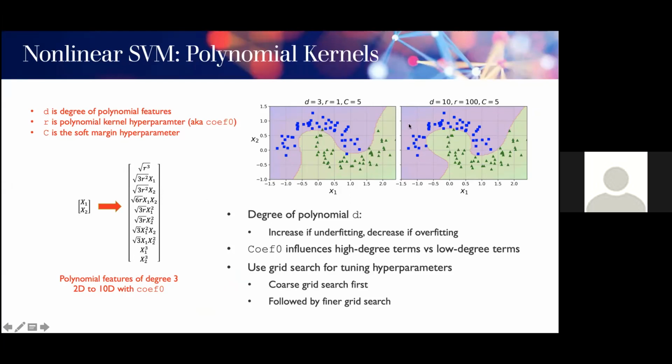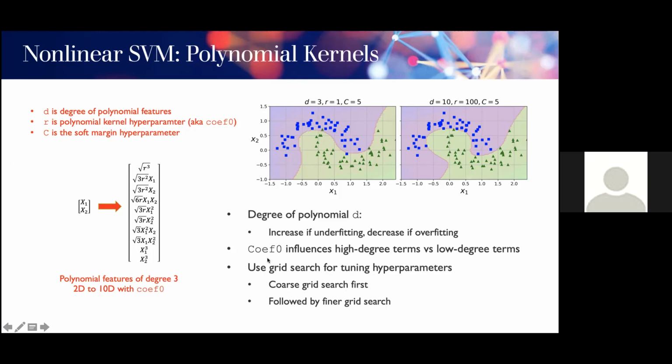And C being 5, he keeps the same between the two models that he compared, but overall there are 3 hyperparameters that could be fit here, and the author suggests using a coarse grid search first, followed by a final grid search, which makes sense.